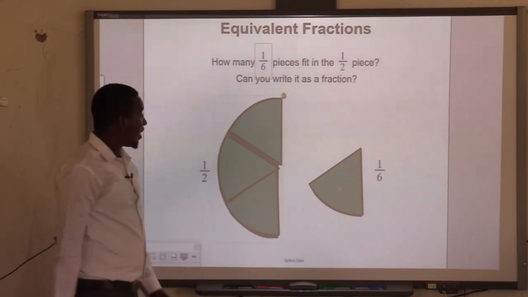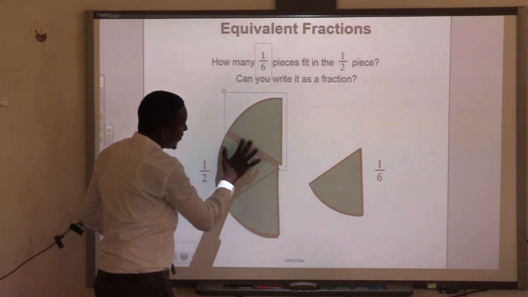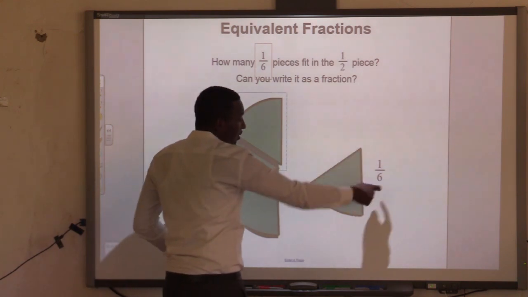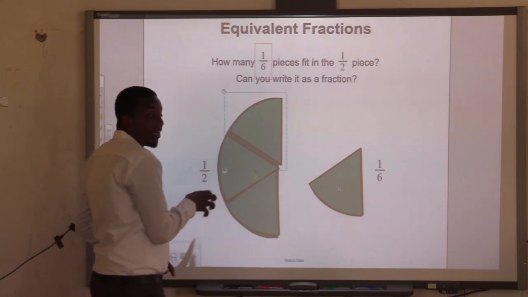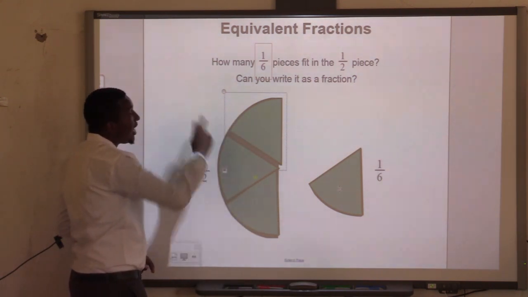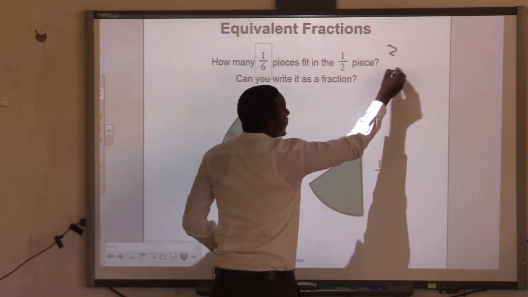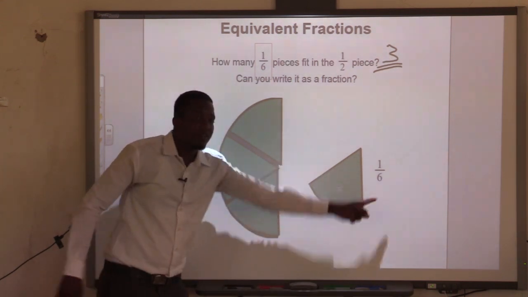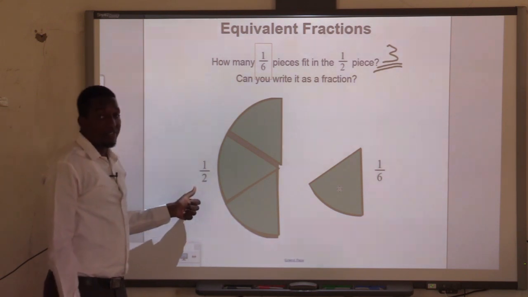If you look at it, you realize that 3 pieces of the 1/6 fit in the half. There are 3 pieces that fit there. So the answer to the first question is 3 pieces of the 1/6 that fit in the half circle that we have.